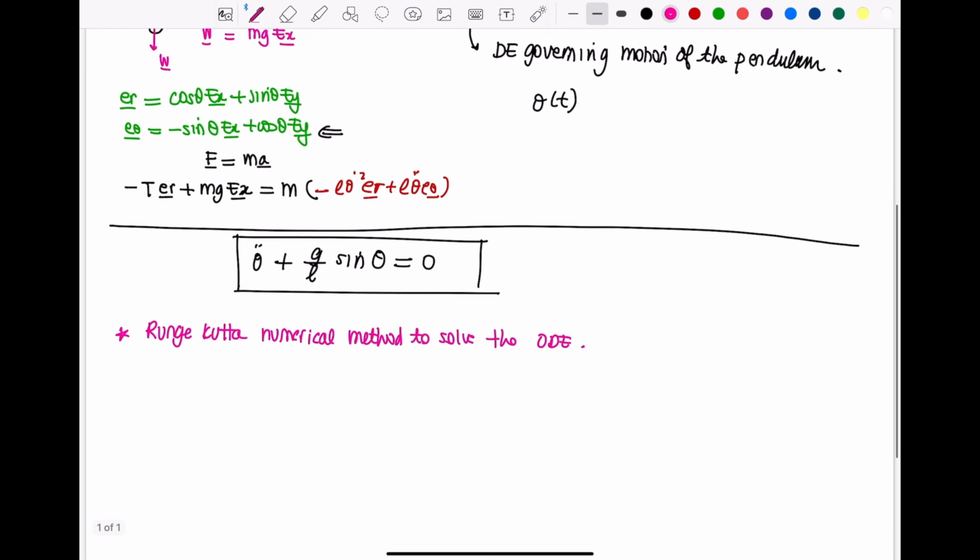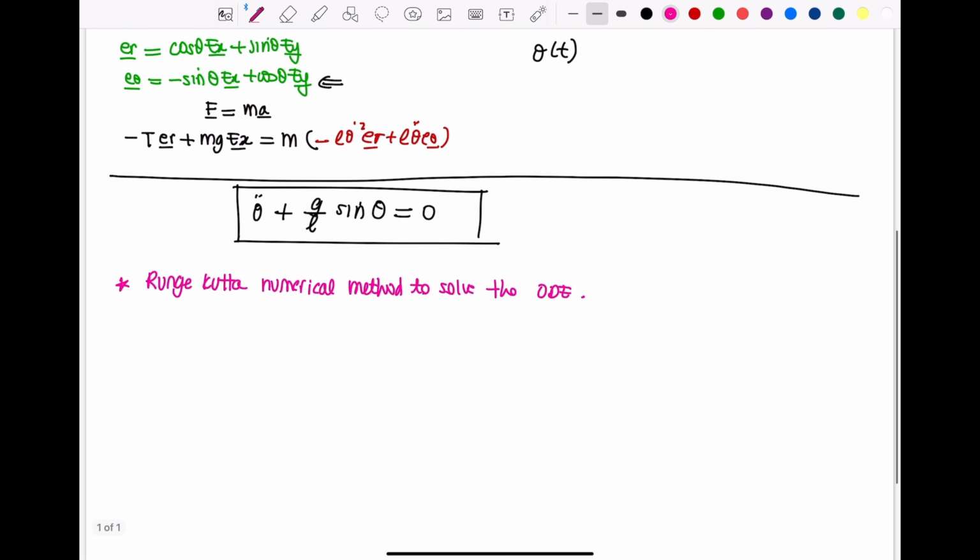I'm not going to go into the details of the numerical method, but what we need to know is that the numerical solvers in Python need a system of first order differential equations to solve. This is a second order differential equation because we have a second derivative of theta. We're going to need to transform that second order differential equation into a set of first order differential equations.